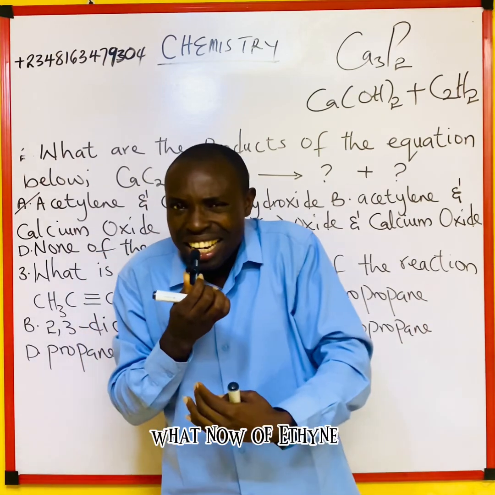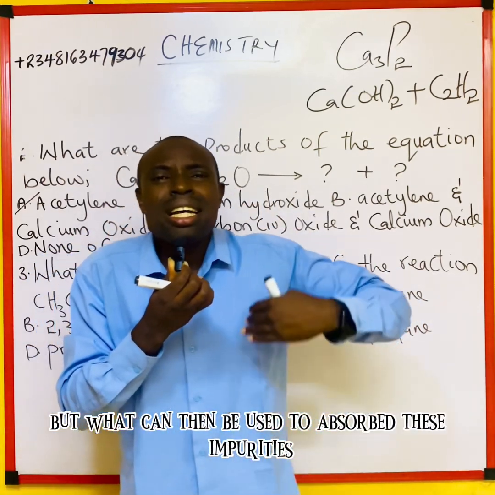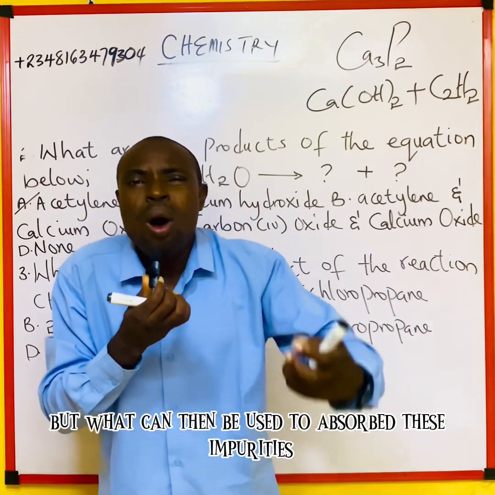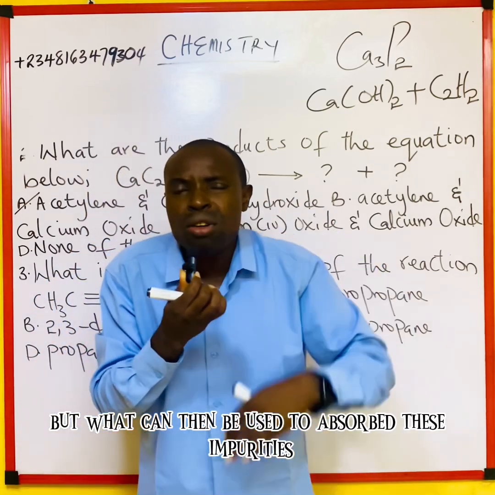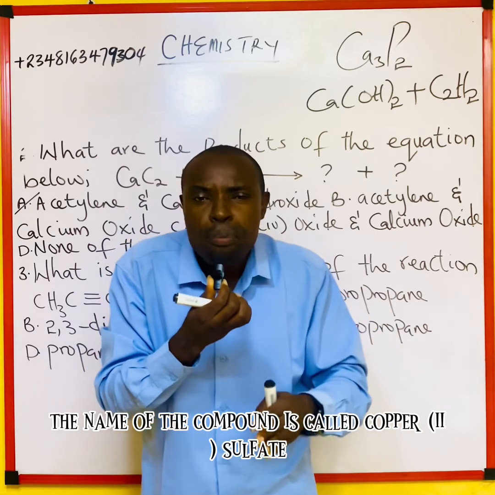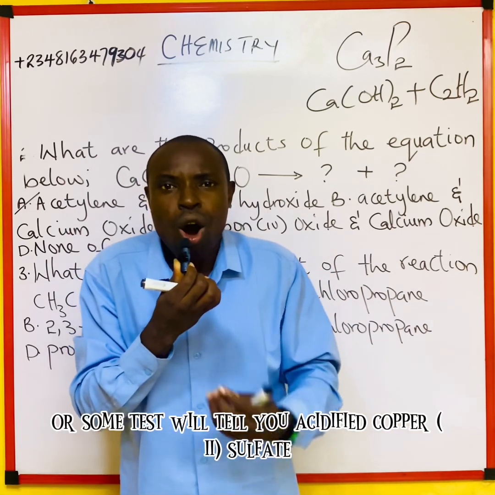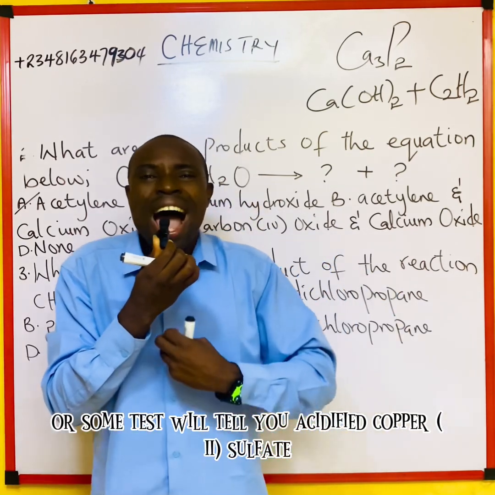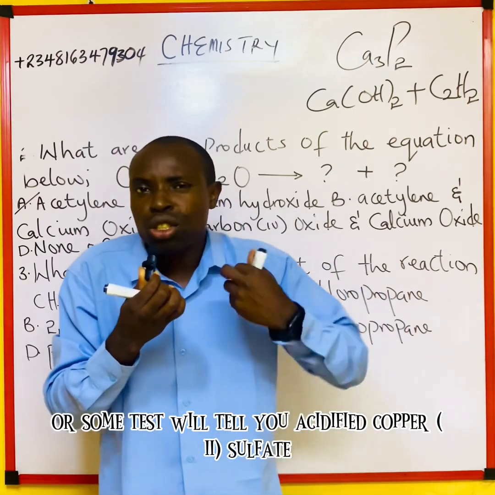Of ethyne. But what can then be used to absorb these impurities? The name of the compound is copper 2 sulfate, or some tests will tell you acidified copper 2 sulfate.